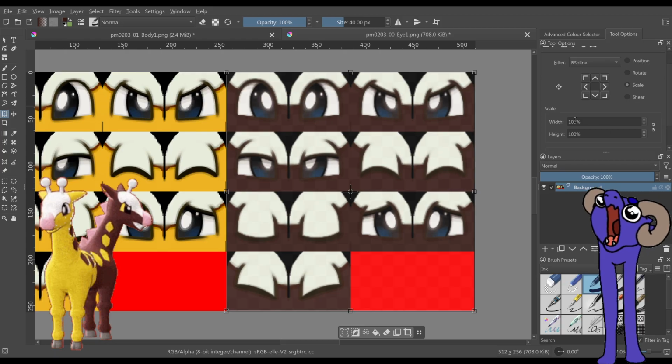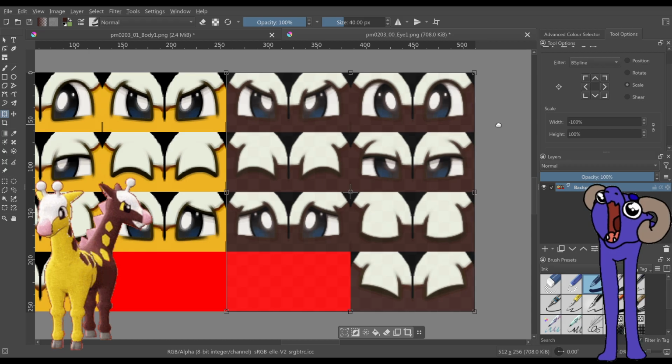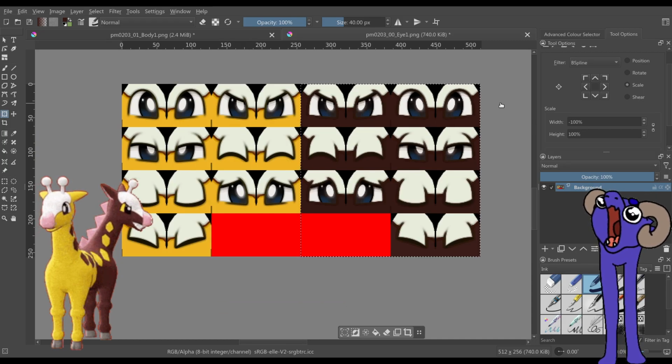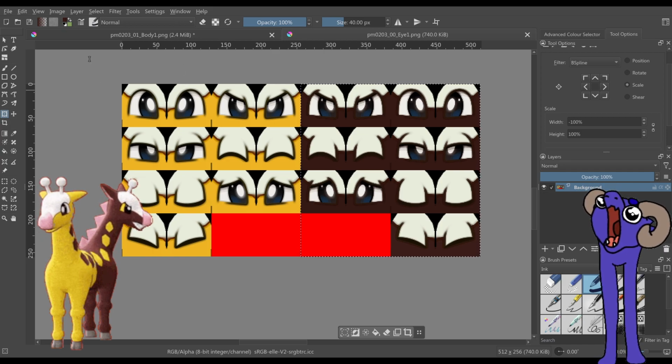I haven't seen that happen before. You save an image and then it just corrupts. That's terrifying. Can you not do that, please? I hate that. Just to double check, the eyes are fine, right?